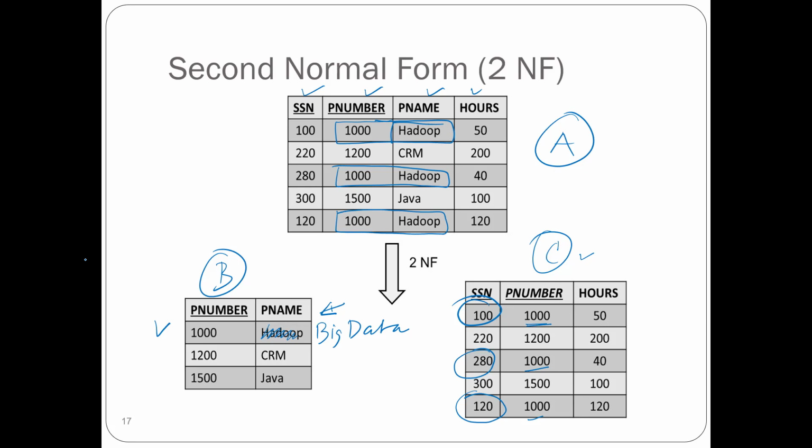So this could be called Project, because here we have the information about the project, only the project number and P name. And this other one should be called Works_On, because you have the employee information coming in as SSN, and then the project number and the hours that an employee puts on a specific project. Important.